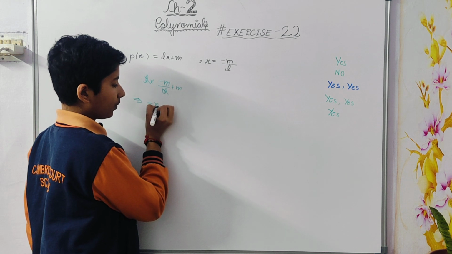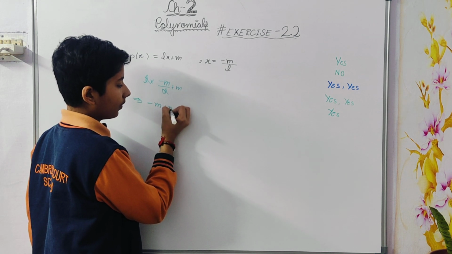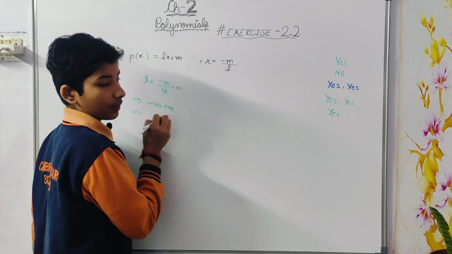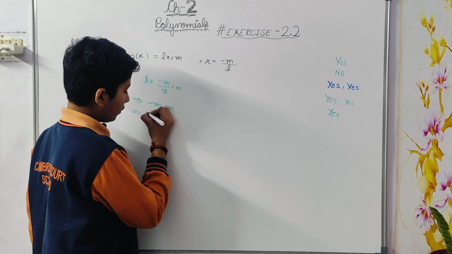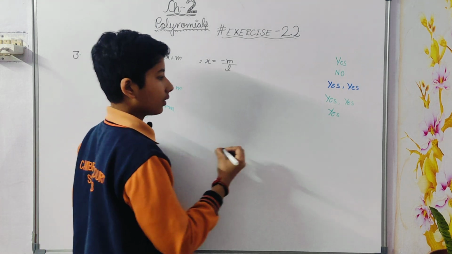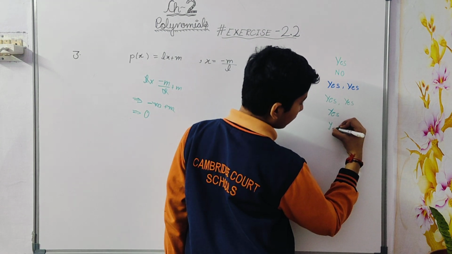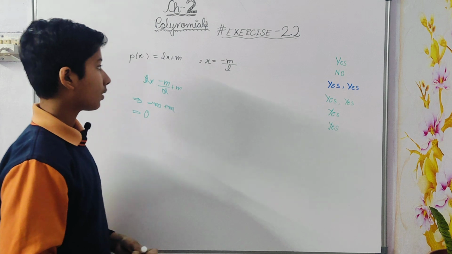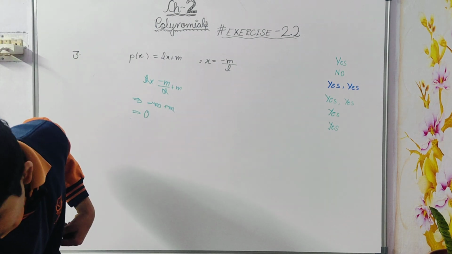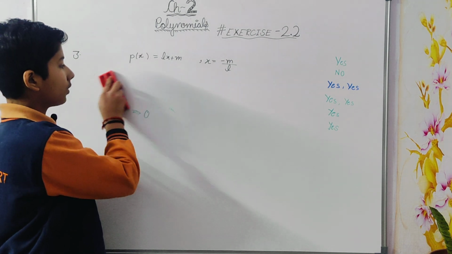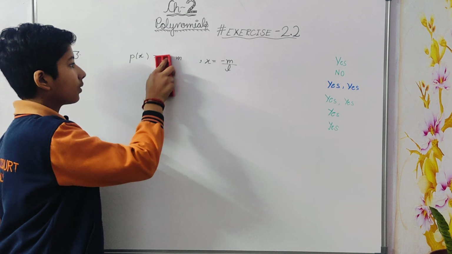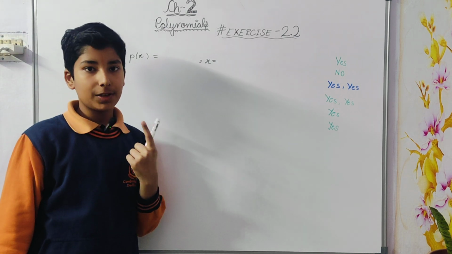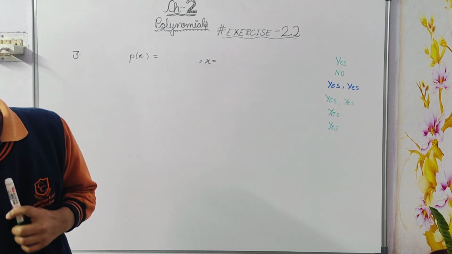So minus m plus m is left. Minus m plus m will again get cancelled. So 0 will be our answer. So this will also be yes. I hope you are understanding everything which I am telling you.